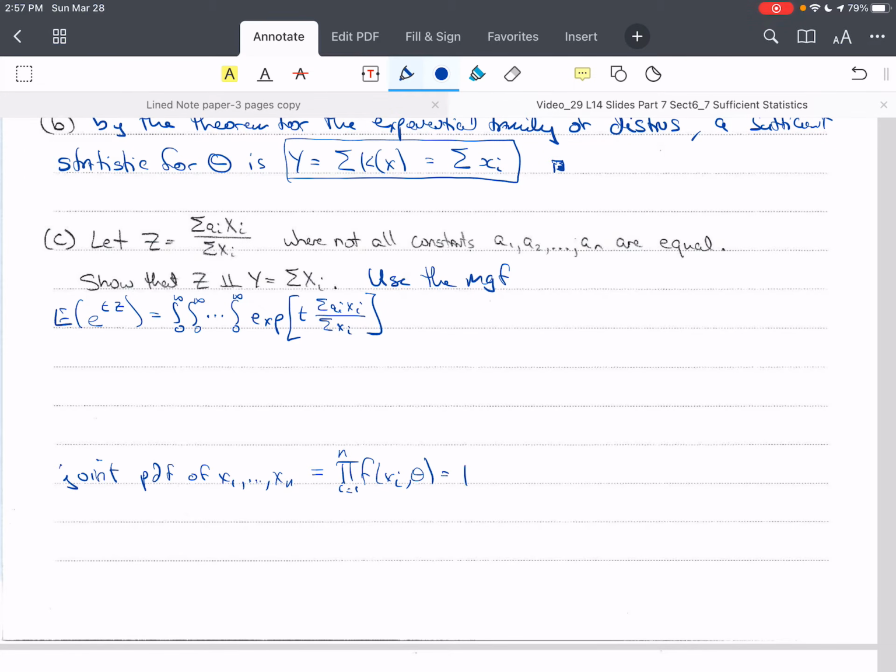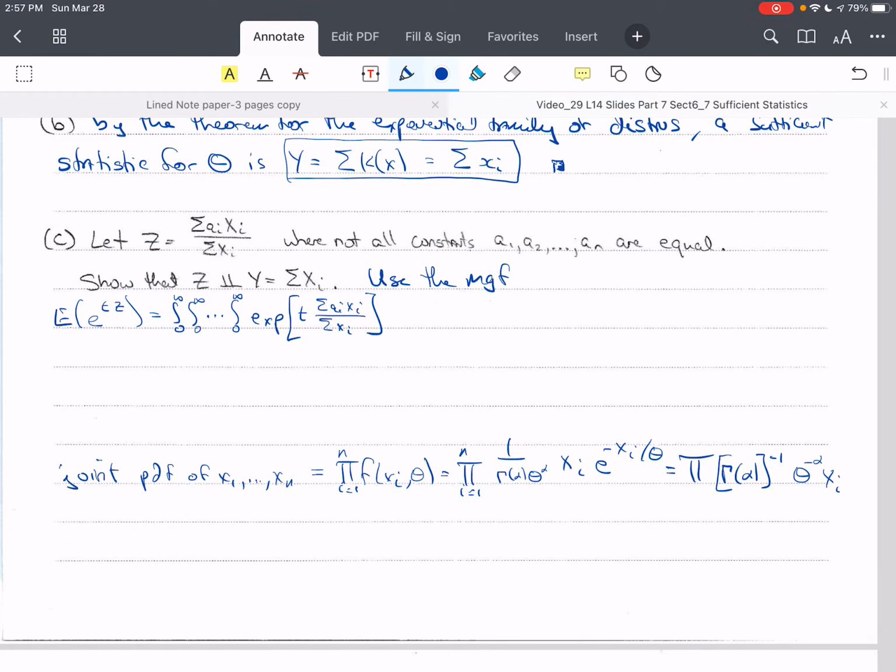i equals 1 to n, equals the product of 1 over gamma of alpha, theta to the alpha, x sub i e to the negative x sub i over theta. And this can be rewritten as the product of gamma of alpha to the negative 1 and theta to the negative alpha.